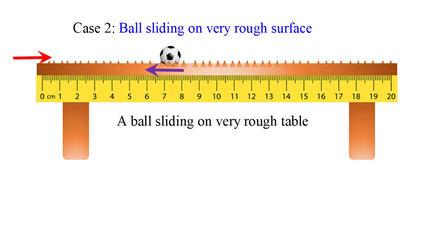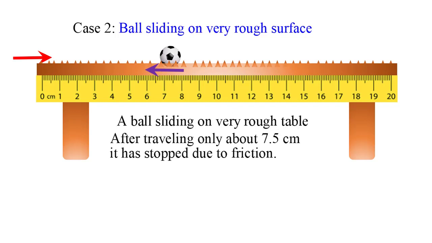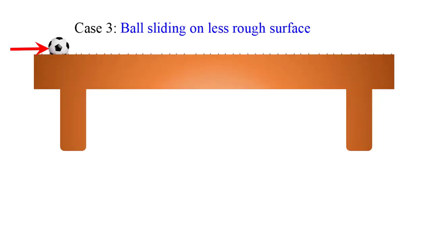A ball sliding on a very rough tabletop such as this one comes to rest because of the force acting on the ball from the opposite direction due to the roughness of the surface. After traveling only about 7.5 centimeters, this ball has stopped due to friction.